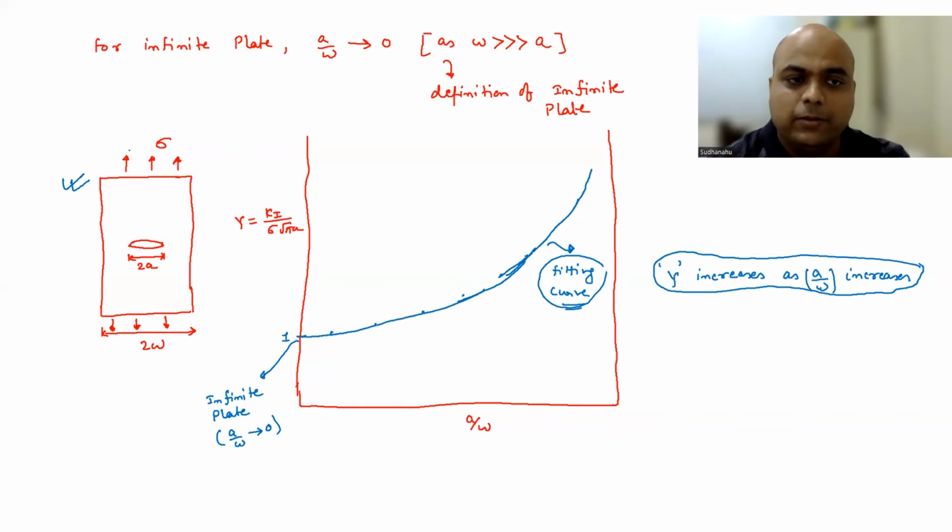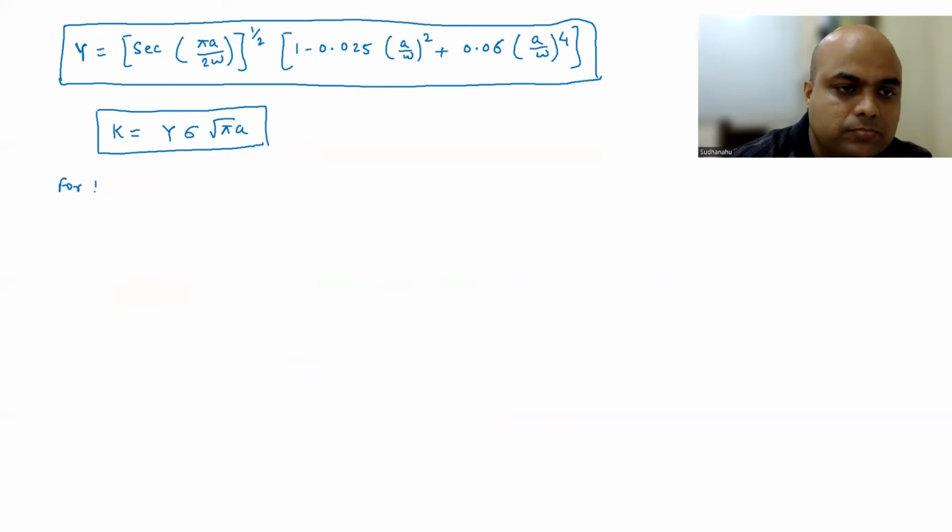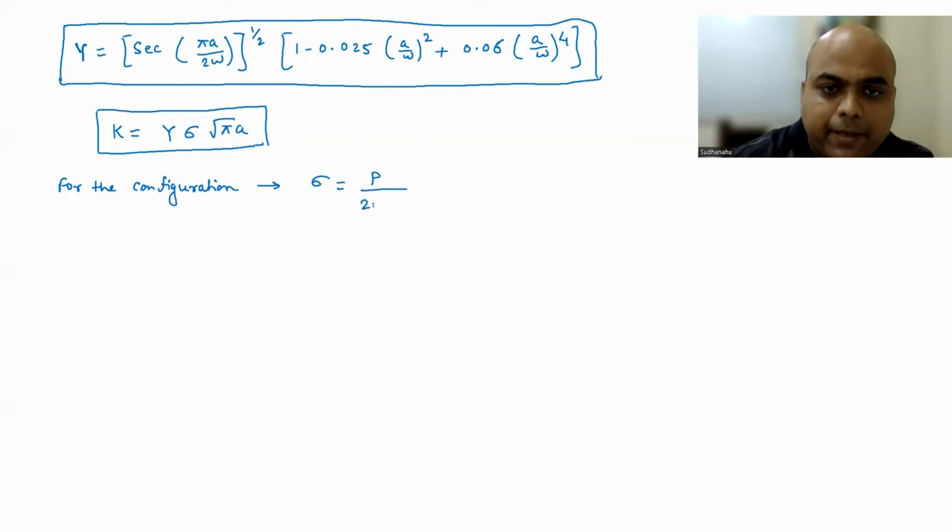For this configuration, sigma will be load by area, so P divided by 2W into B, where 2W is the width of the plate and B is the thickness of the plate.